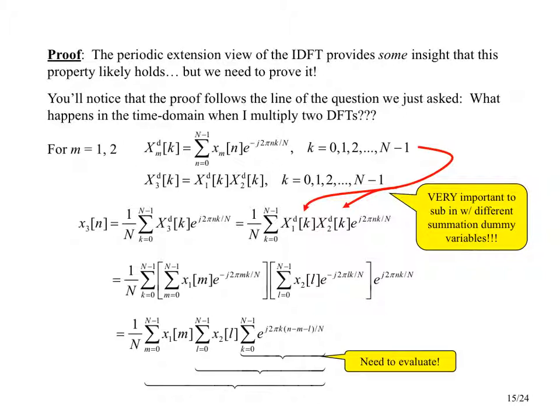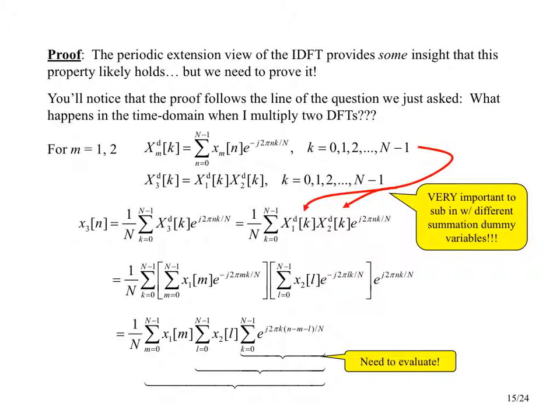So before we really introduce what circular convolution is, we'll actually prove this. Now you might be saying, how can we prove this if we don't know what circular convolution is? Well, we're going to do basically what the early researchers did. They said, aha, what would happen if I multiplied two DFTs together and then took the inverse DFT? And they were hoping that it would give convolution.